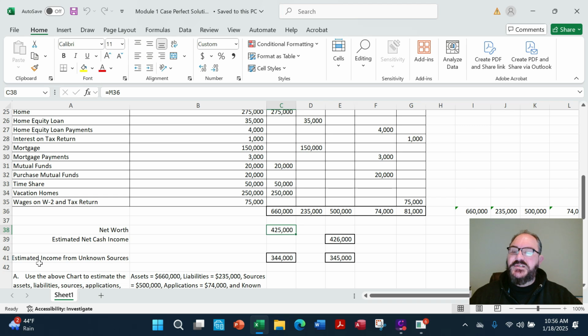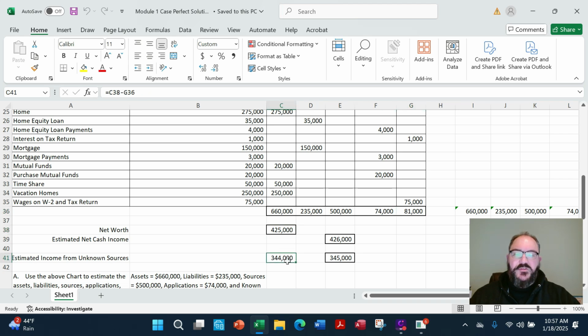Now the next one here, it says estimated income from unknown sources. This is 344. How did they get that? If you click on the box, it says C38 minus G36. So C38, right here, here's 38. And G36, go over here to 36, and which one is G? Right here, 81.